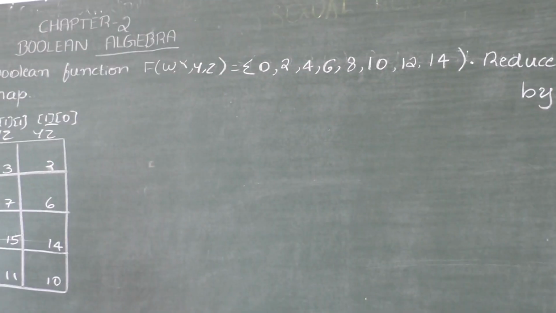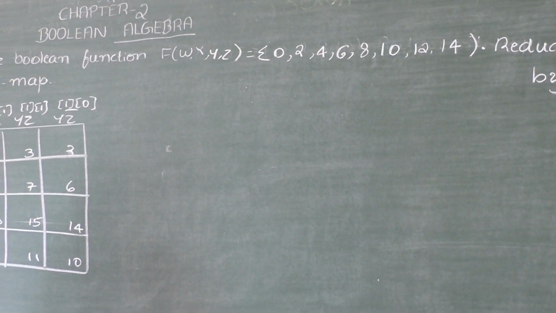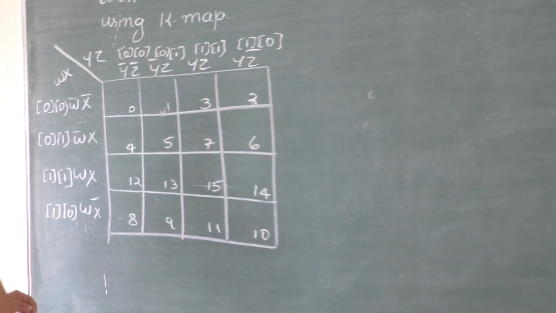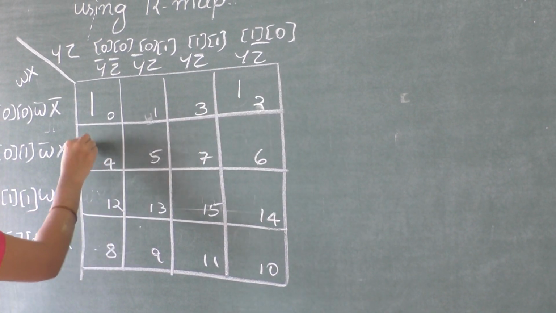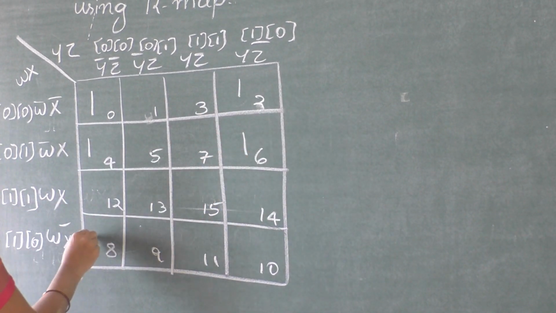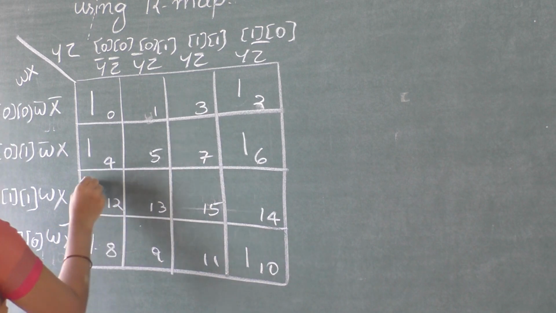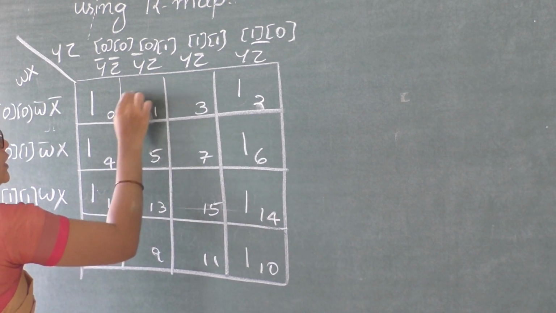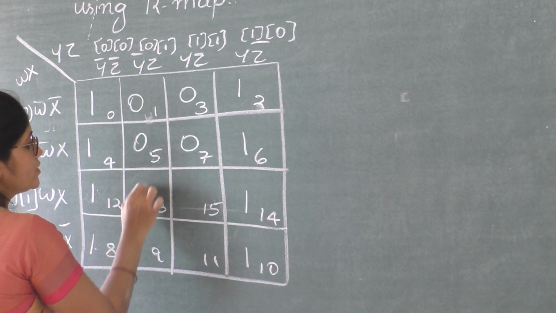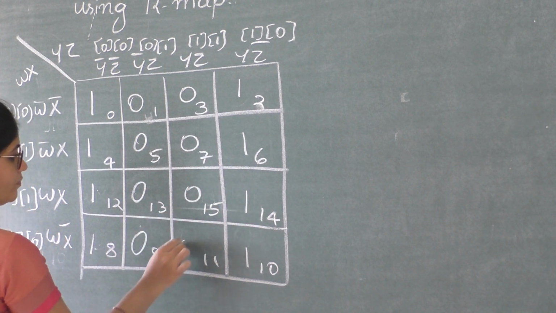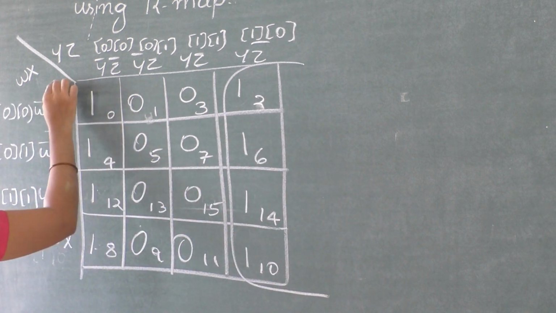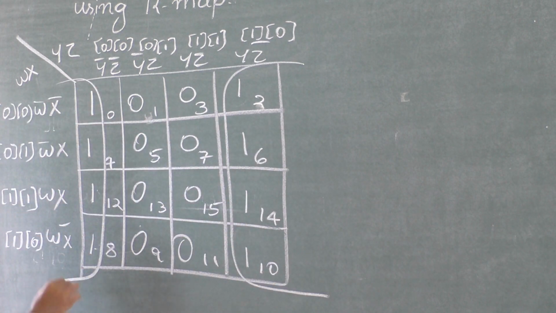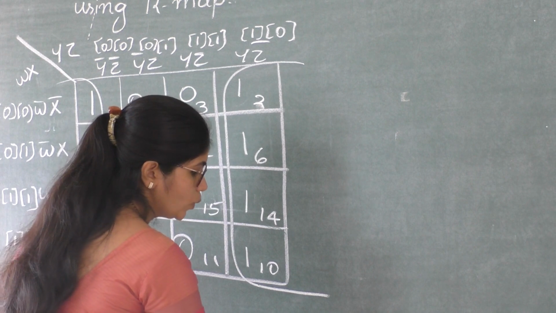Now the 0th, 2nd, 4th, 6th, 8th, 10th, 12th and 14th squares have the output 1. Fill the remaining squares with zeros. Now we can form an octet using those ones by rolling the map.